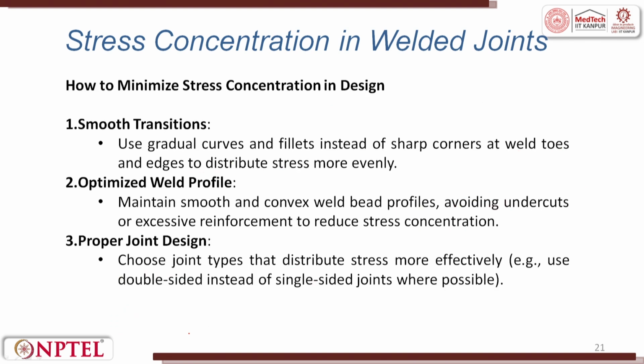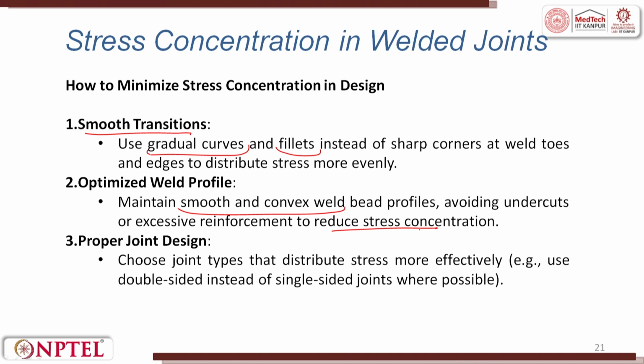In design, one is smooth transition. We use gradual curves and fillets instead of sharp corners at weld toes and edges to distribute stress more evenly. Optimize the weld profile. We maintain smooth and convex weld bead profiles, avoiding undercuts or excessive reinforcement to reduce the stress concentration.